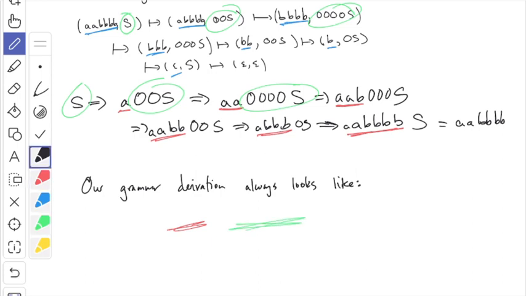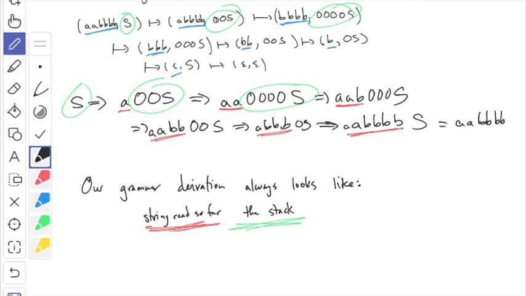And the red part is the string read so far. In the stack derivation, the string disappears one letter at a time. But when you do the same thing in the grammar, the string is appearing one letter at a time. So what you see is how much of the string we have already read so far as we're going. And then the green part is just the stack from step to step.